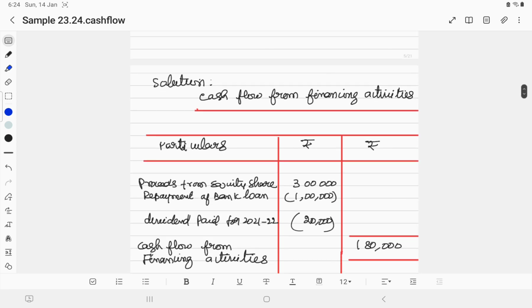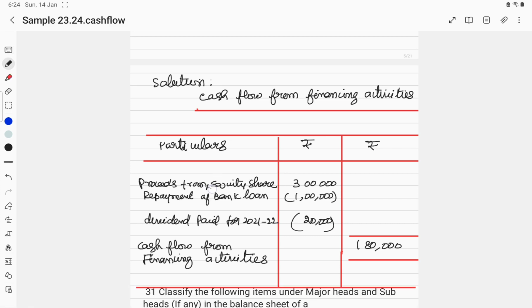Solution. Cash flow from financing activities. Proceeds from issue of equity shares is a cash inflow, that is 3 lakhs. Repayment of bank loan is cash outflow, 1 lakh.